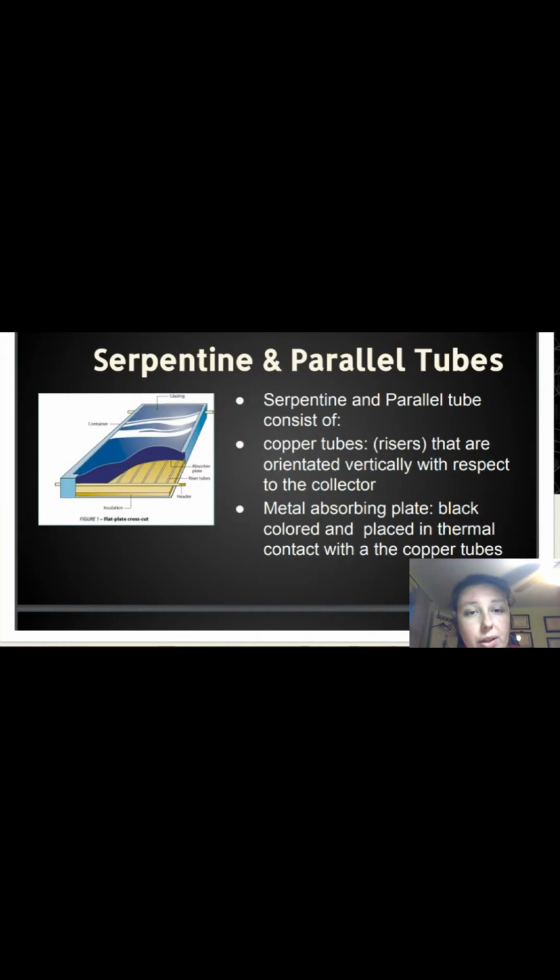Serpentine and parallel tube are tube structures that are running on top of that insulator plate with an opaque glass on top of that, within a thermal box, a box that has good insulation structure. It has an intake valve at the bottom where I'm sending the cold water in, and an outtake valve at the top where I'm pulling the hot water out. It works on twofold: the pressure running through the lines in the glass, as well as siphoning off hot water that's rising within the water itself in the tube.